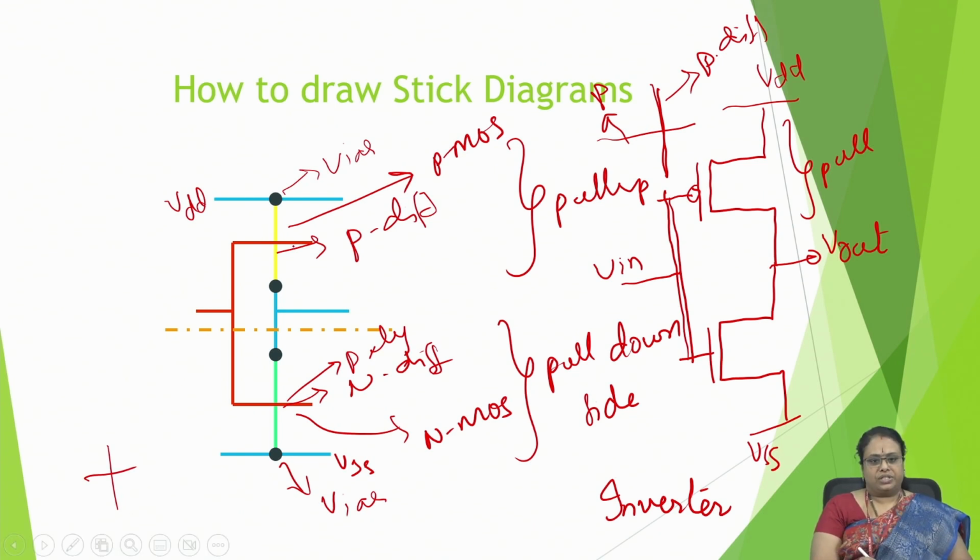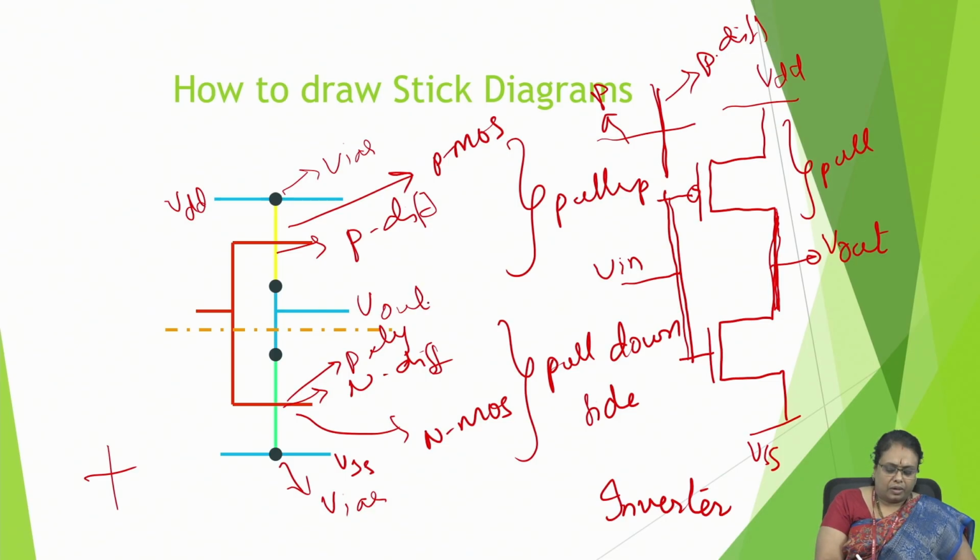So both the transistors are drawn, and initially a demarcation line was given separating both, and now I need to connect these two. This is the line which I am drawing, connected through a metal. This blue one is a metal, and here I'll be giving my Vout. And here is the input line which I have to connect, as both are poly.